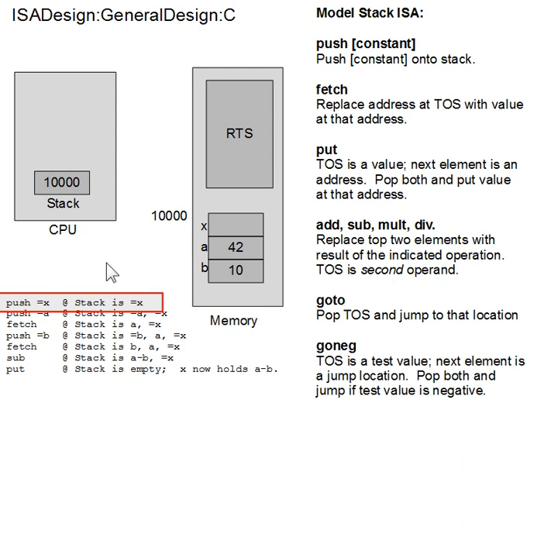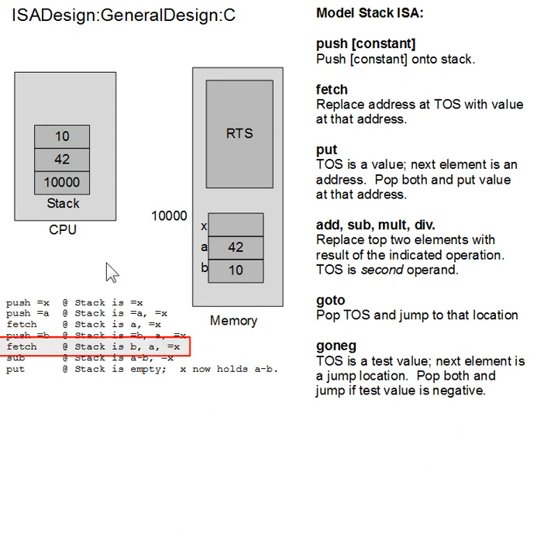So instruction 1, push equal x pushes address 10,000 on the stack. Push equal a pushes address 10,004. Fetch pops the 10,004 off the stack and replaces it with the memory content at 10,004, and that's 42, the contents of A. Push equal B pushes the address 10,008.